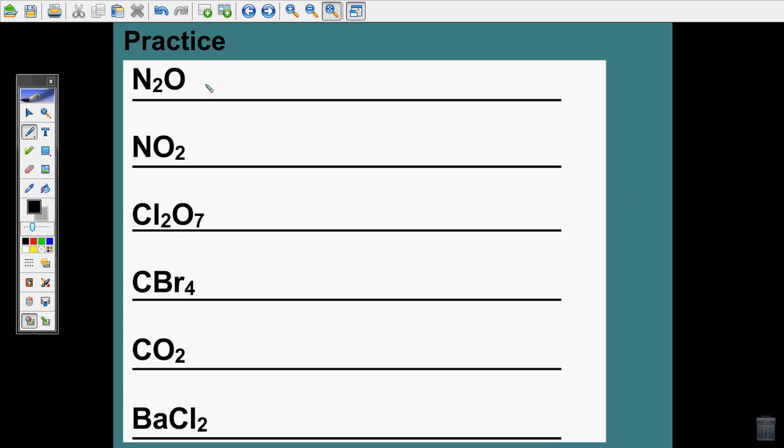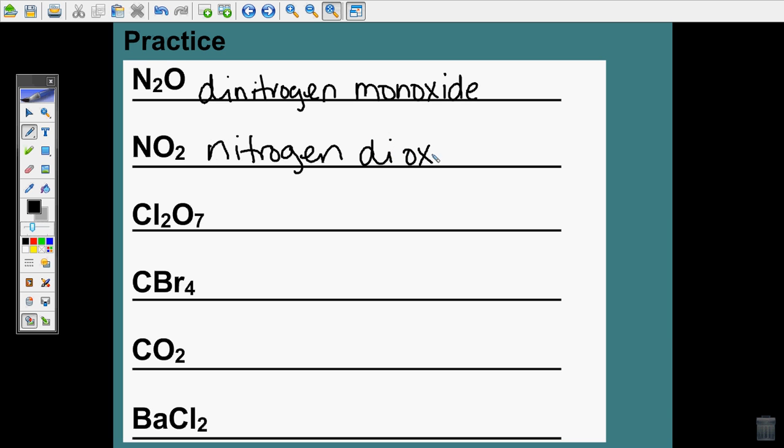Alright, so I've got 2 nitrogen, so this is dinitrogen. 1 oxygen, so monoxide, not monooxide, just use the 1 O. Here I have 1 nitrogen, so again, don't use mono, just nitrogen dioxide, because I have 2 oxygens. 2 chlorine, so dichlorine.